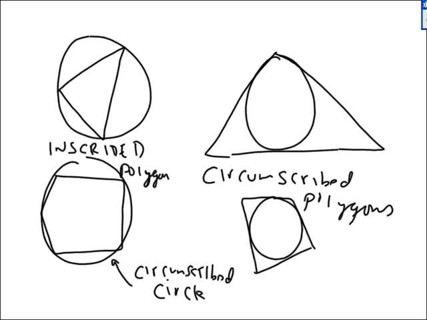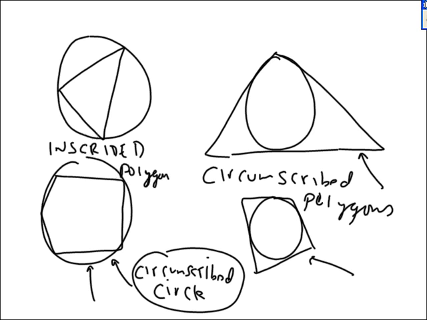If you're outside, whether you're a circle or a polygon, you are circumscribed. Here, the circle is outside, so the circle is circumscribed. So circumscribed circle. And here, of course, the polygon is outside of the circle. So we call it a circumscribed polygon.